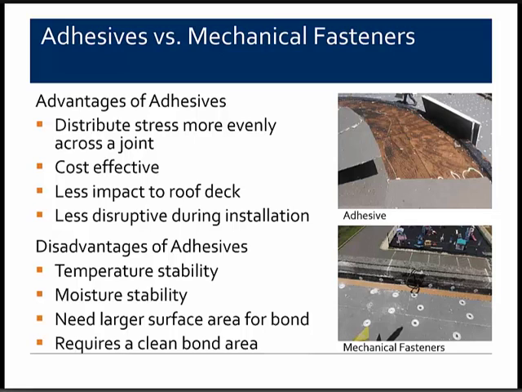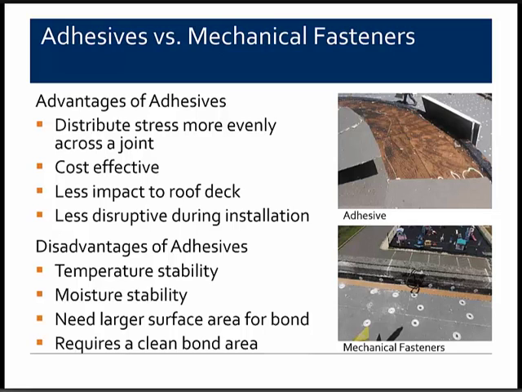It'll be a little cheaper usually to put the adhesives down. You're going to have less impact to the roof deck, particularly on an occupied building, and less noise, less vibrations. Less disruptive. For instance, if you need a whole bunch of fasteners and you have a gypsum deck or a steel deck, you won't be structurally impacting the deck with all the fastening and all the holes you're putting in that deck.